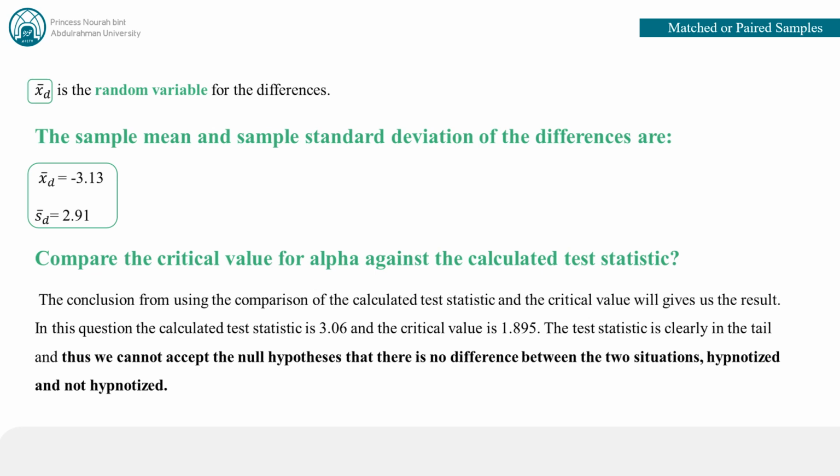The conclusion from comparing the calculated test statistic and the critical value will give us the result in this question. The calculated test statistic is 3.06 and the critical value is 1.895.